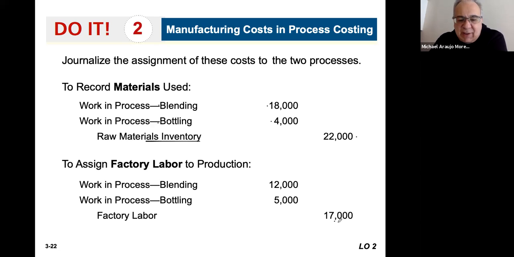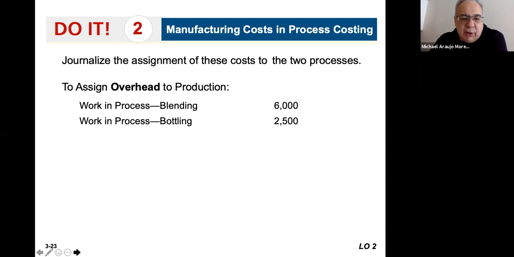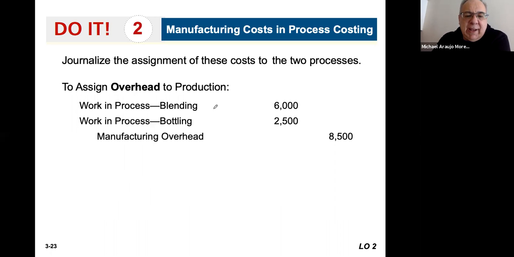And so we had a $17,000 credit to factory labor because that was allocated to the work in process for each department. And of course, for overhead, we had 6,000 of overhead for blending, 2,500 for bottling. All of that was the overhead that was allocated to each department.